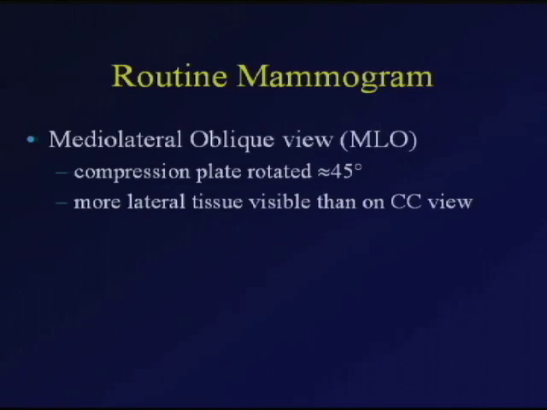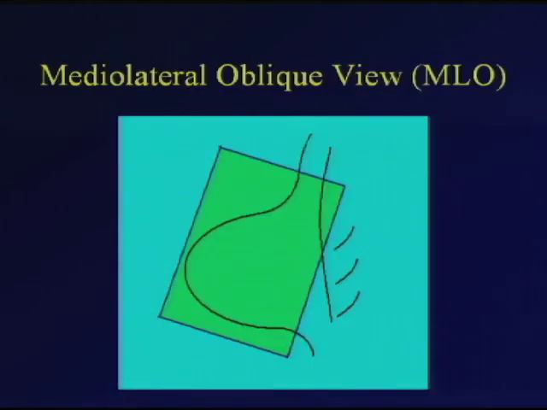The MLO view is the second routine mammographic image that is performed, and that is done by placing the breast with the compression plate rotated at about 45 degrees. And on this view, we see more lateral tissue relative to the CC view.